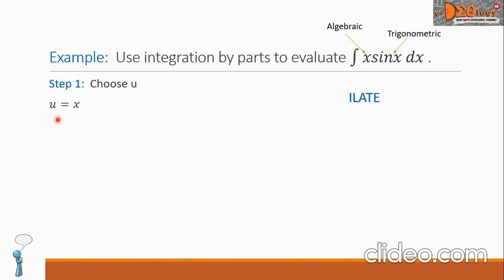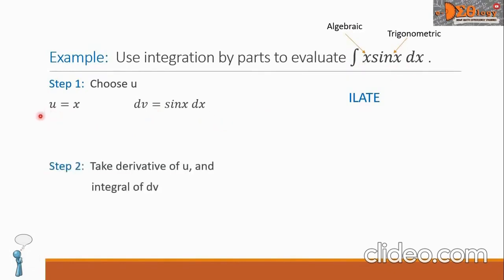So we write here u equals that function x. Eventually, the dv is equal to that sine x along with the dx. We will take the derivative of u and we will take the integral of dv. So we have now the derivative of u, du, is equal to the derivative of x, which is dx.